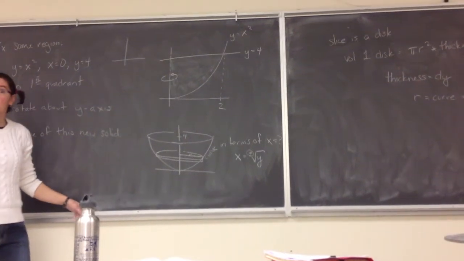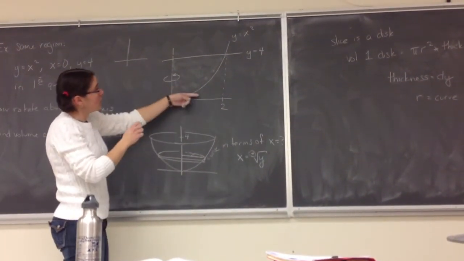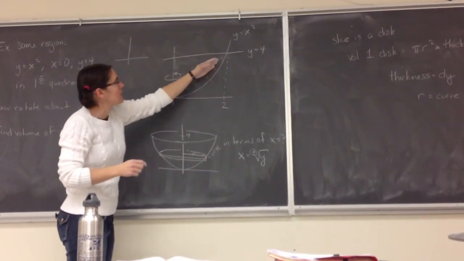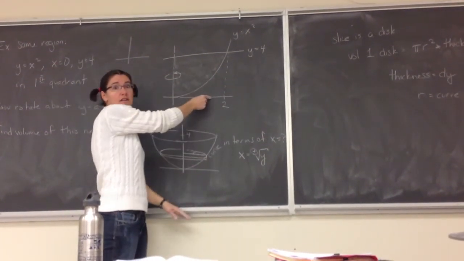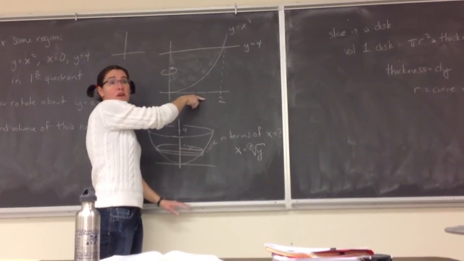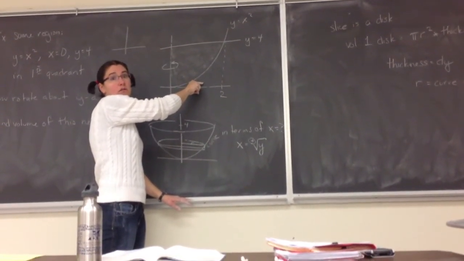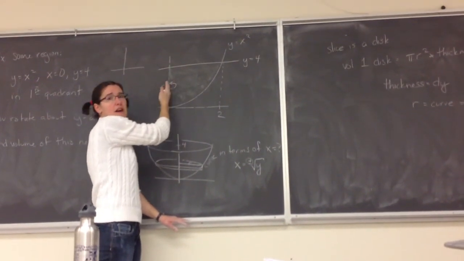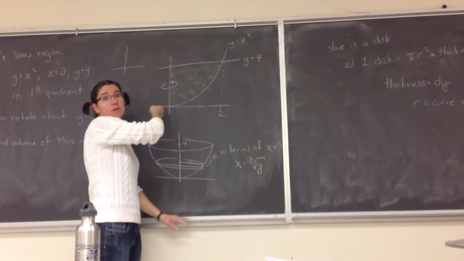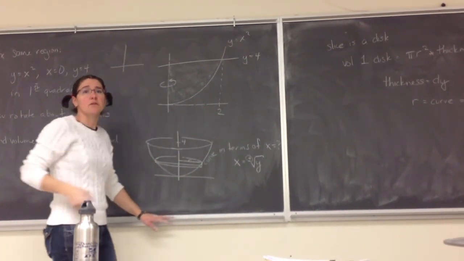That's going to be important too. If you look at this one, when you rotate about the x-axis, what you notice is that the actual curves don't touch the x-axis, so there's going to be gaps in your picture. And so that's where you're going to end up with a washer. Whereas in this direction, the region actually touches your axis of rotation, and so you won't have any gaps on that one. So I think that's what's going to tell you.